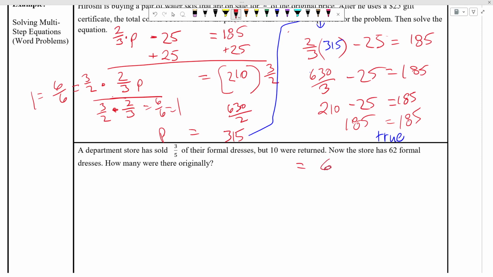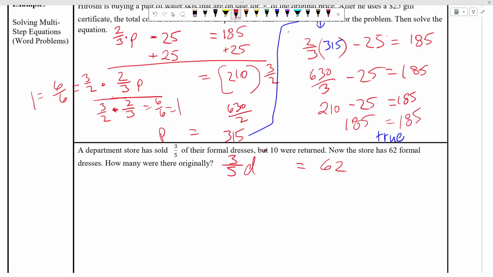And there's 62, and we're talking about dresses here. Where does it mention dresses? It mentions it over here on this side of the equation somewhere, and it says there are 3/5 of dresses. So I'll say D is dresses.